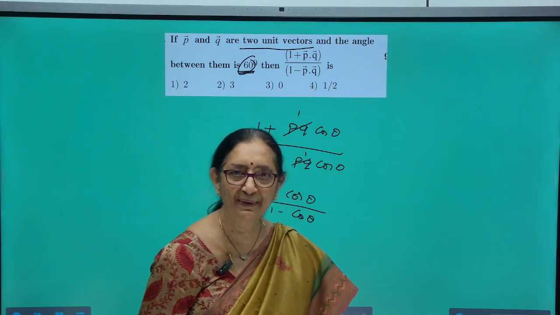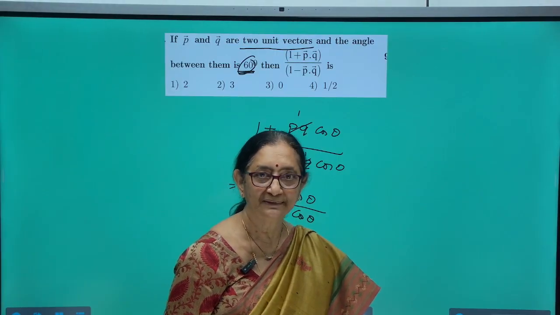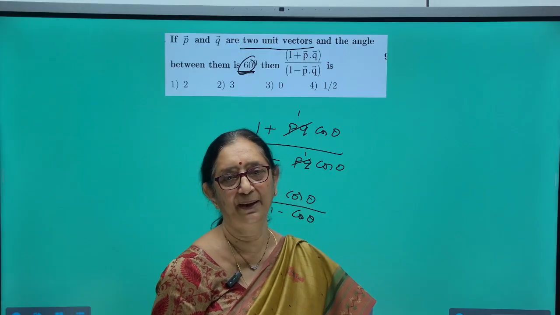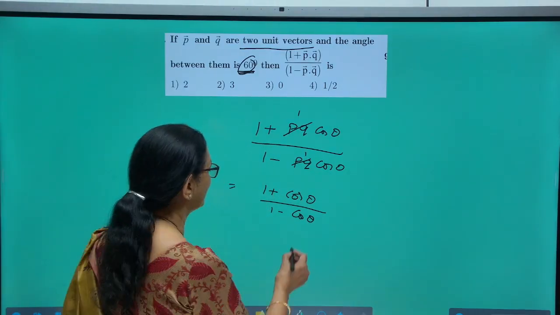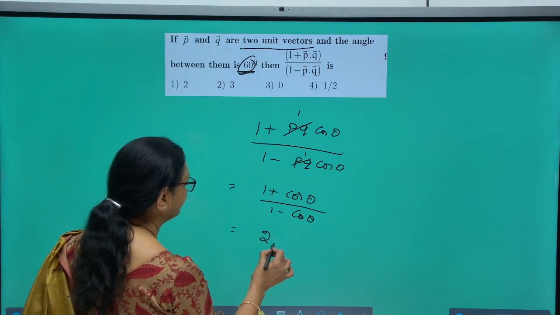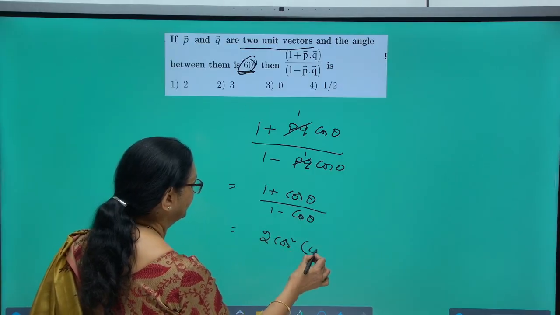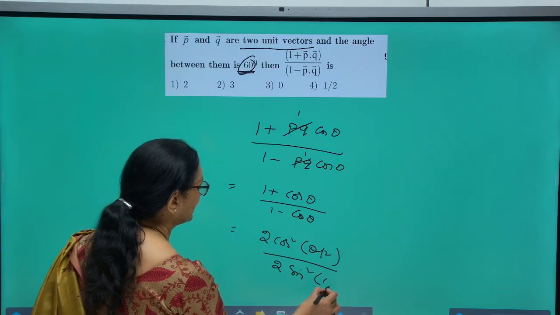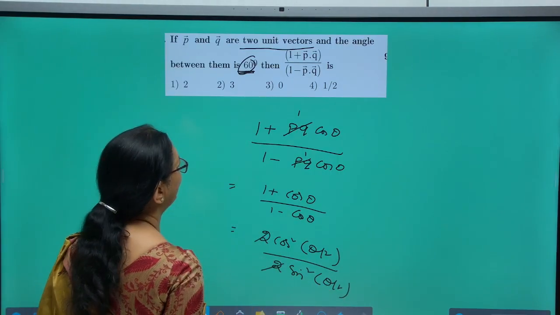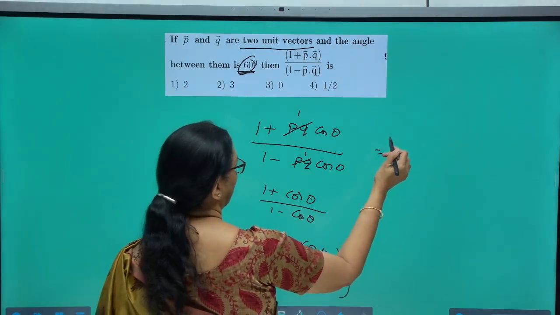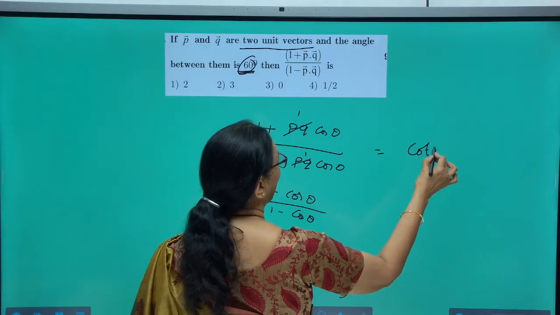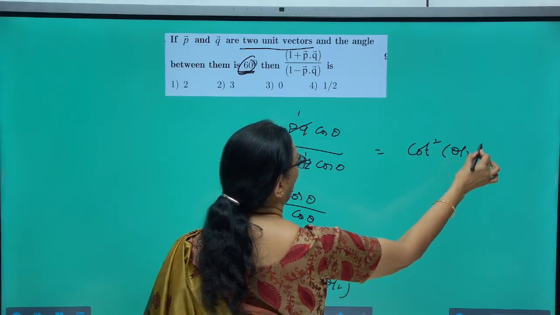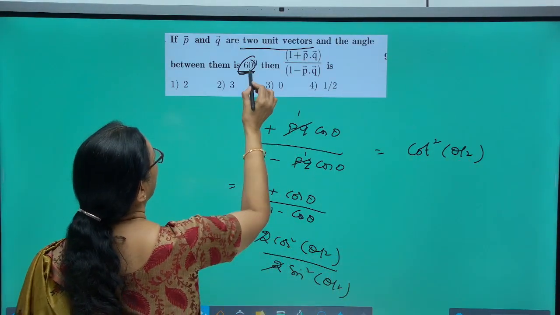What is 1 plus cos theta? It is 2 cos square theta by 2, and 1 minus cos theta is 2 sin square theta by 2. The 2 and 2 get cancelled. So, this is cot square theta by 2, cos square by sin square.